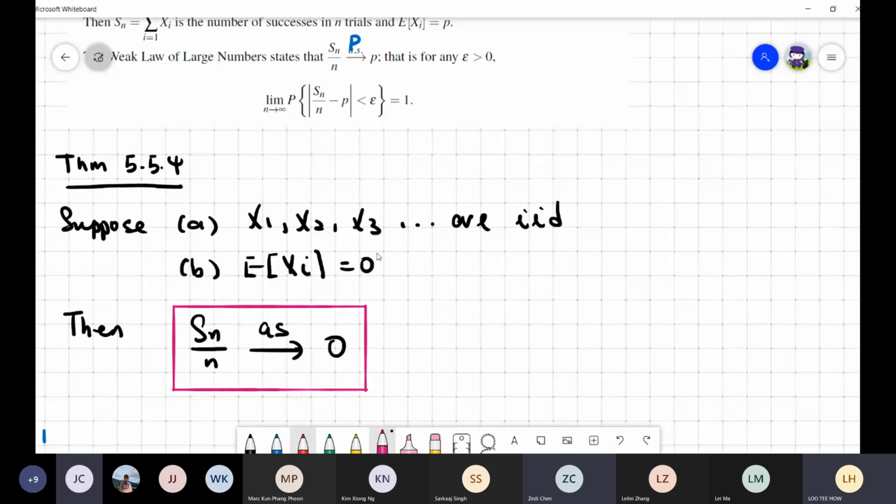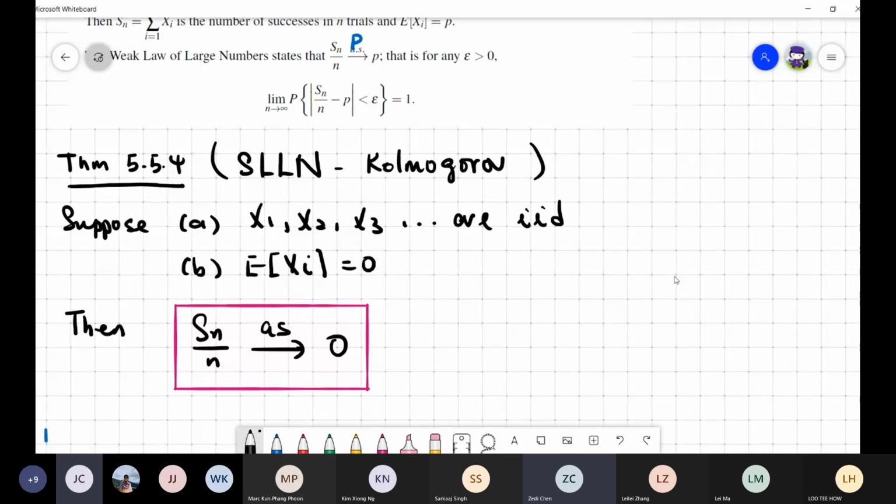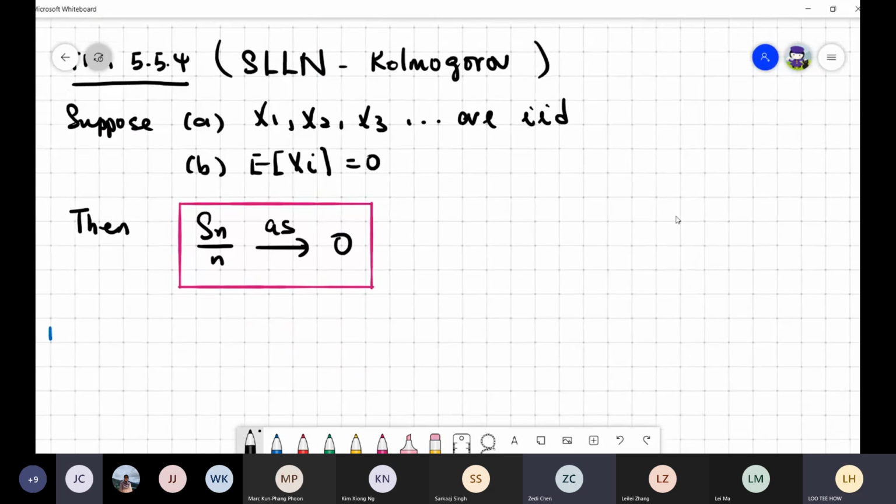This is what we call the strong law of large numbers, the version of the Kolmogorov strong law of large numbers. We are not looking at the proof, as the proof is beyond the scope of this course, so I will skip it.